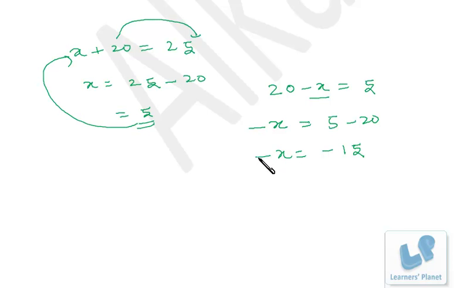You will cancel the minus sign from both the sides. So if minus x is minus 15, that means x is equal to 15. Okay, put the value of x over here in this equation and let's see whether the equation is balanced or not. So 20 minus 15, that is 5. So this side it is 5 and that side also it is 5, right? So the equation is balanced. That means the value of x we found, 15, is correct.